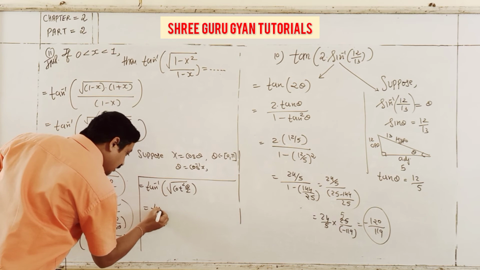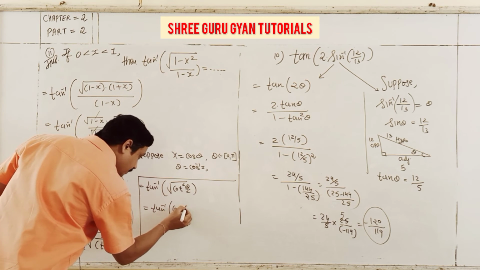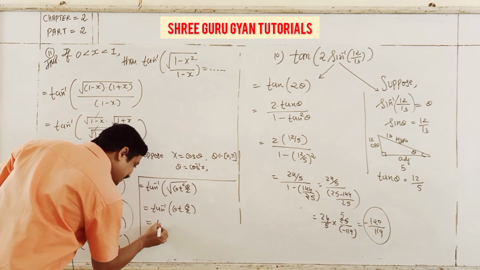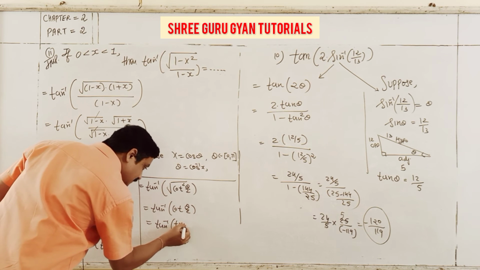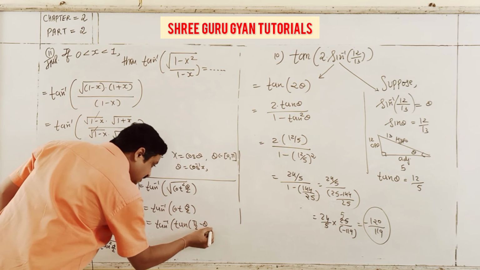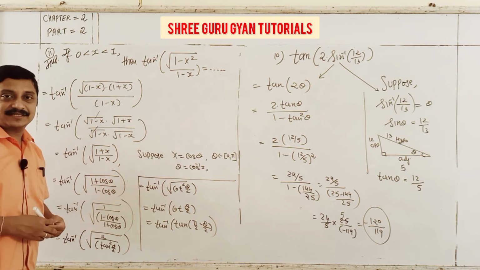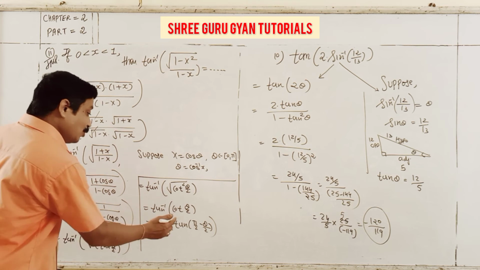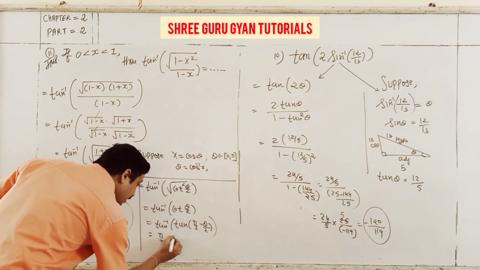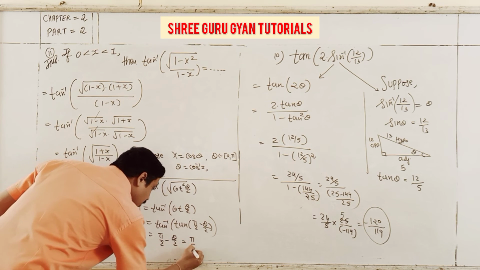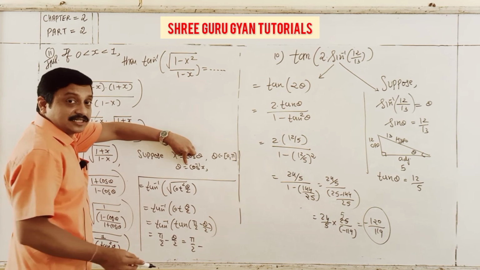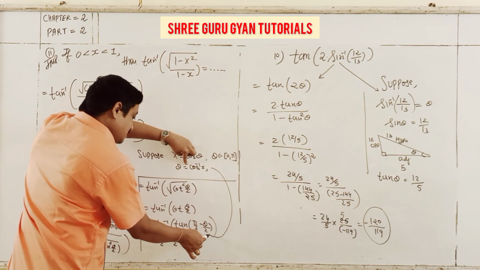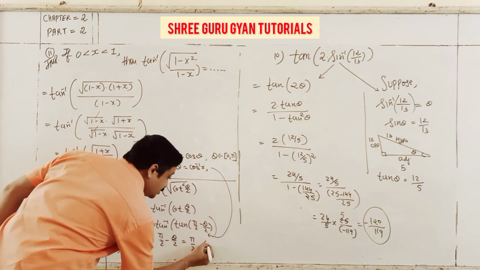So your final value is only cot theta by 2, and cot also translates to tan(90 minus theta). Yes, tan(90 minus theta) is cot theta. Now remove tan, and you get 90 minus theta by 2. Here you put your theta, the assumption theta is cos inverse x, attach here, and that is your answer.